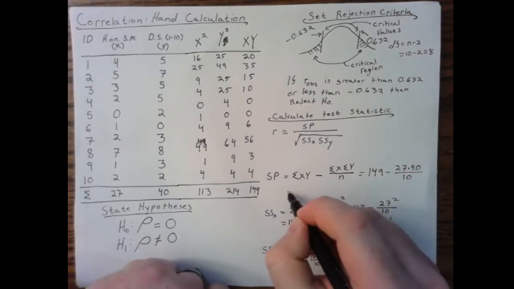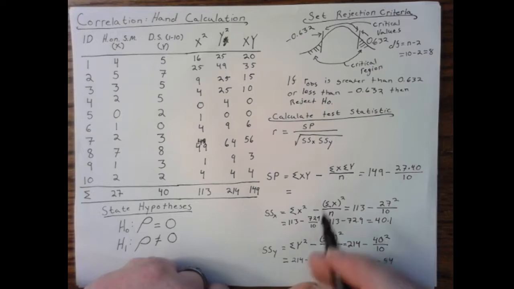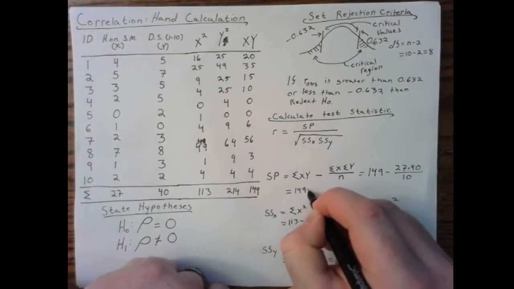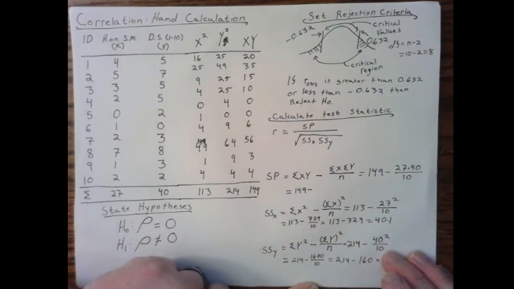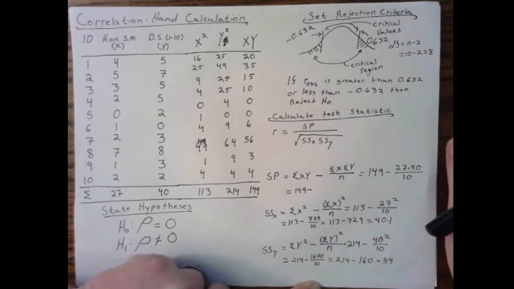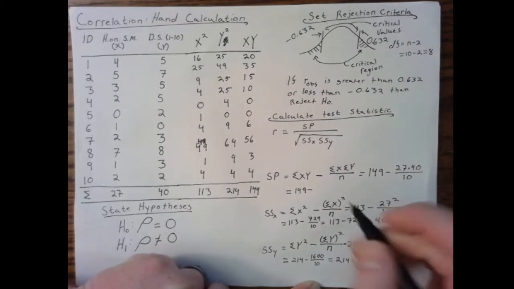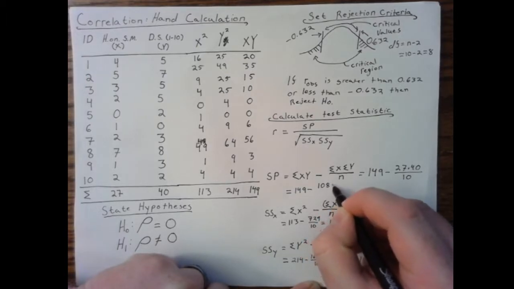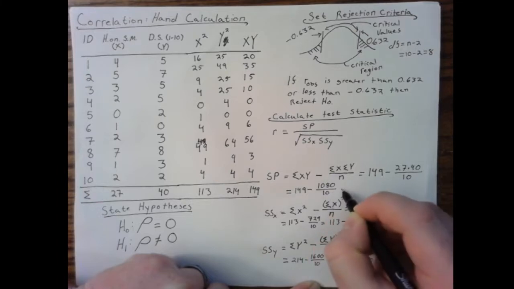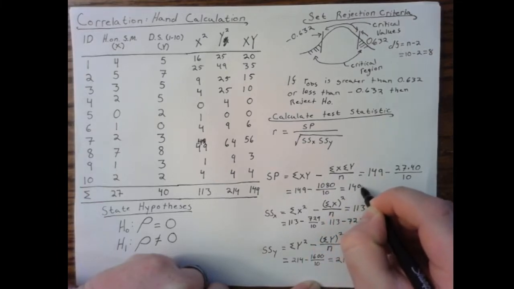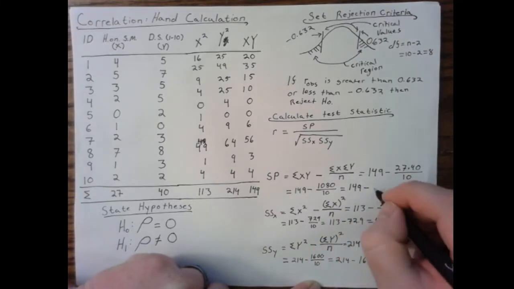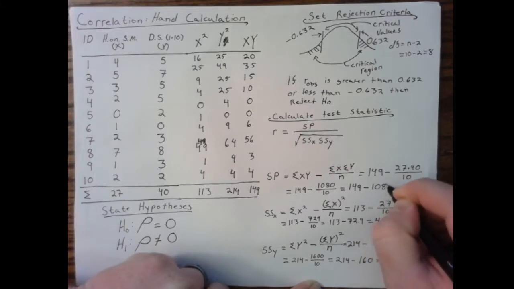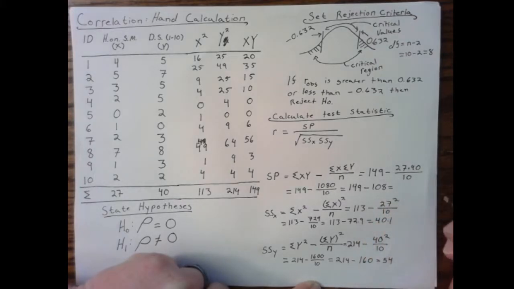So looking at this now, we have 149 minus the product of 27 times 40, which is 1080, divided by 10, which gets us 149 minus 108 for a final value of 41.